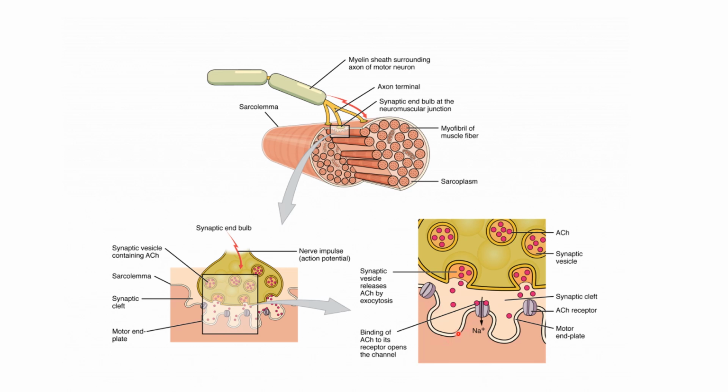Most of the muscles have sodium chemical gated channels on their membrane. The muscle membrane was first at resting membrane potential, which means the membrane was negative from inside and positive from outside. Sodium was concentrated more outside and potassium more inside. But when neurons release neurotransmitter, it goes to the sodium chemical gated channels.